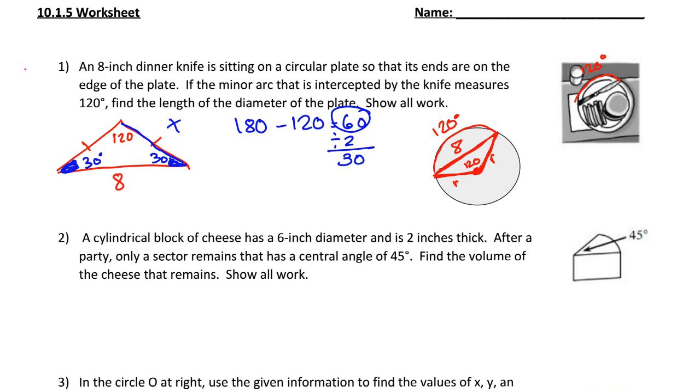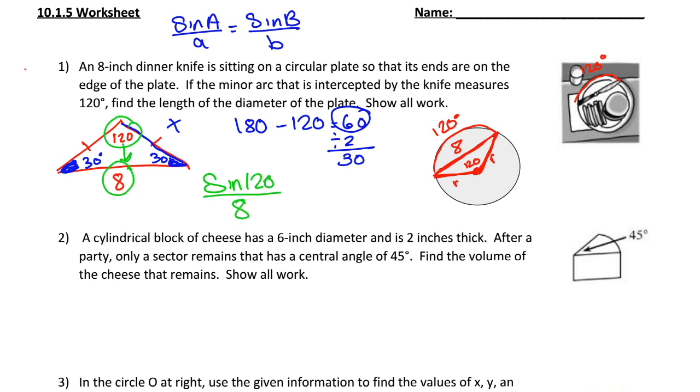With the law of sines, if you recall, it was sine of A over its corresponding side equals sine of B over its corresponding side. So if I want to write an equation, it would be sine of 120 over its corresponding side, which is 8, equals sine of 30 over X, because the 30 corresponds to that X. From there, I can cross multiply.